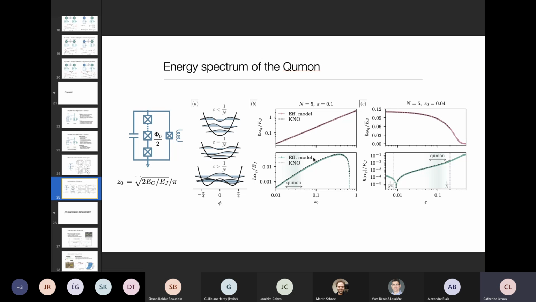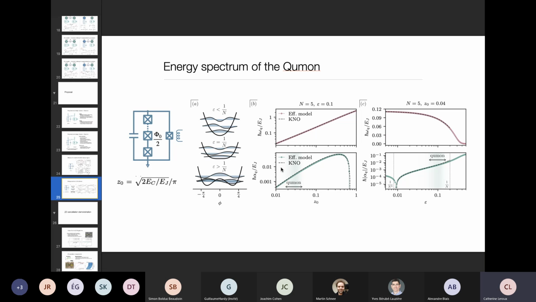We also see that alpha, the anharmonicity of the Qmon, is not only positive but grows. This is all renormalized with EJ, by the way. However, to have an anharmonicity on the order of hundreds of megahertz, we need a very large EJ, EJ being the Josephson energy of the large junction in the array.